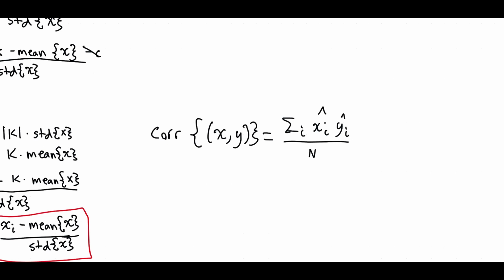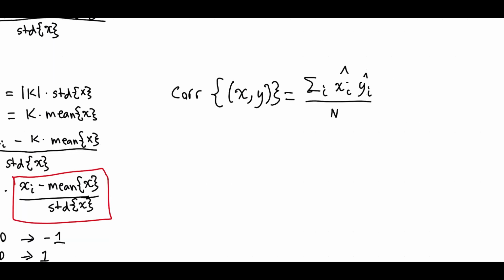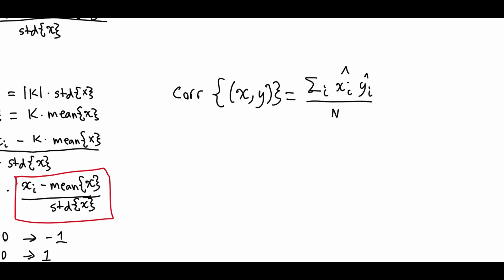So here we see if we have the ability to change the sign of one of these, that could affect our correlation coefficient. So what will end up happening is we either get a negative times a negative, which will yield a positive, negative times a positive, which will yield a negative, positive times a negative, which will yield a negative, or positive times a positive, which will yield a positive.